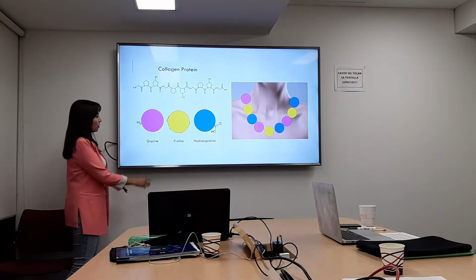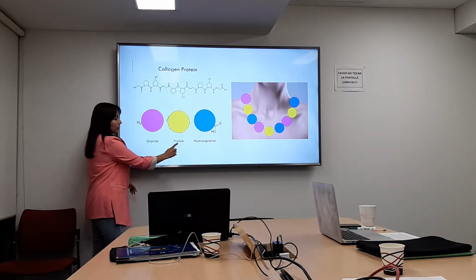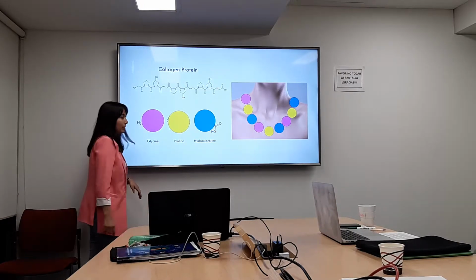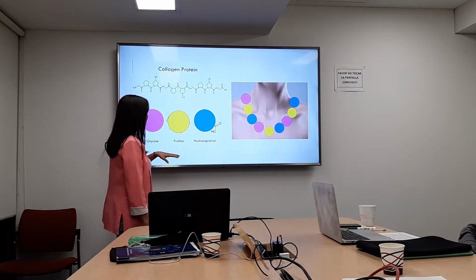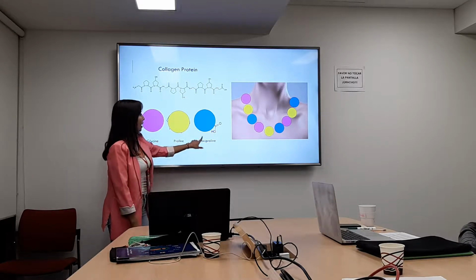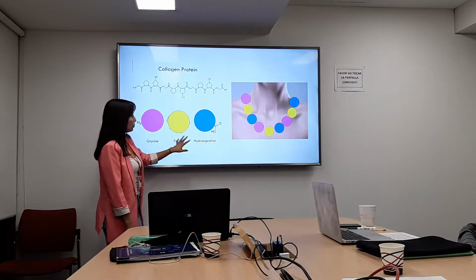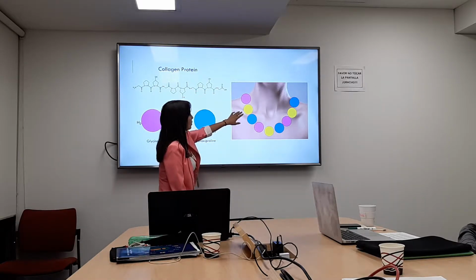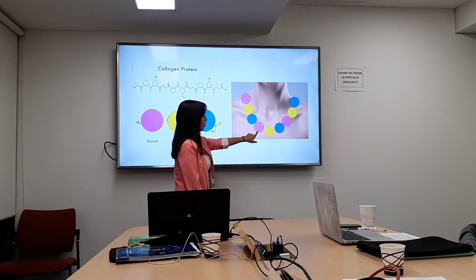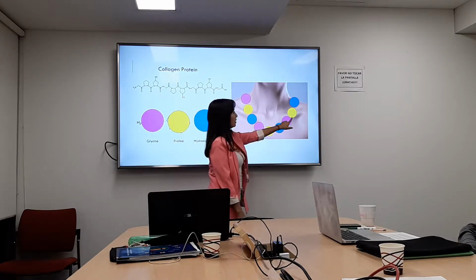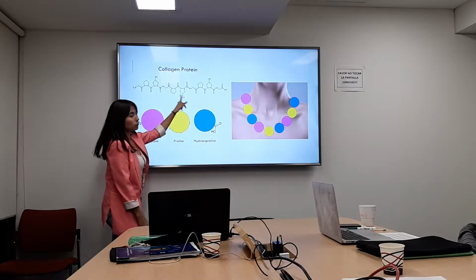Collagen is made from amino acids called glycine, proline, and hydroxyproline, in this repeating way. So you can find a necklace with pink, yellow, and blue, and again pink, yellow, and blue, until all the protein is completed.